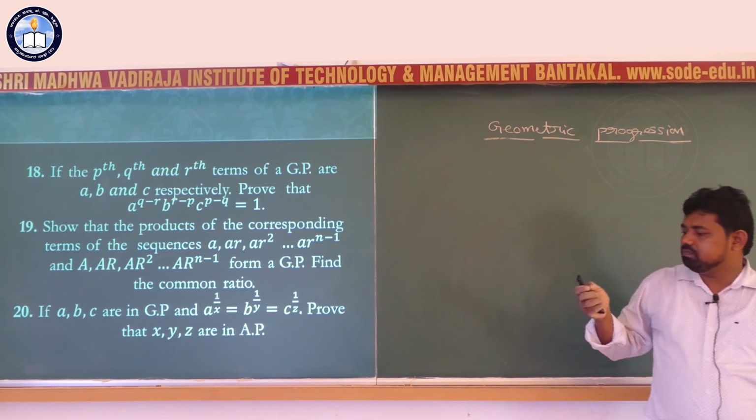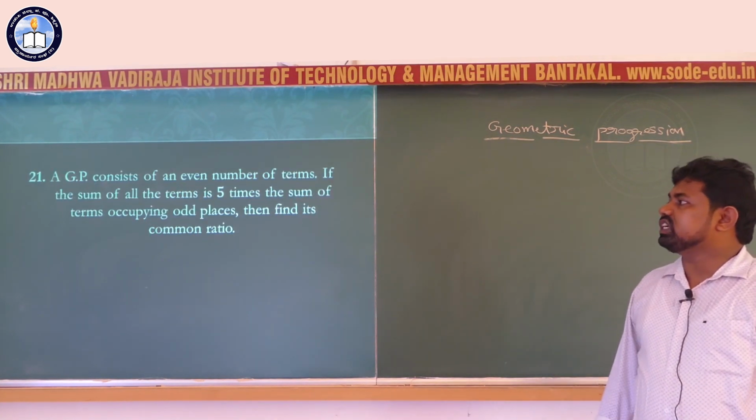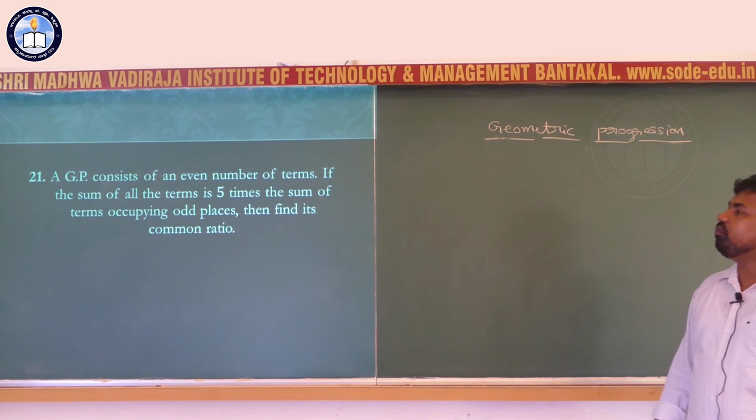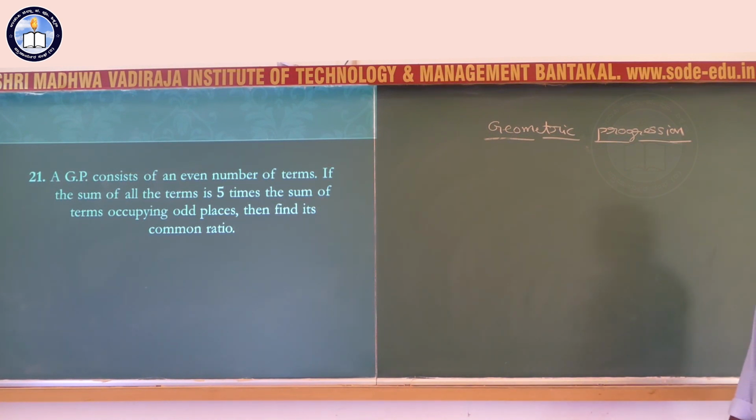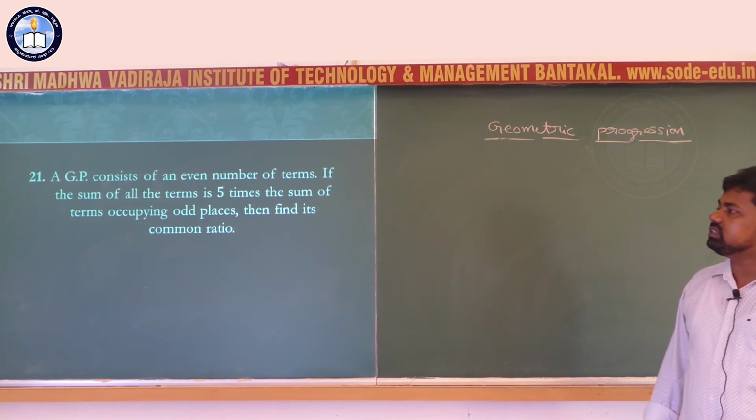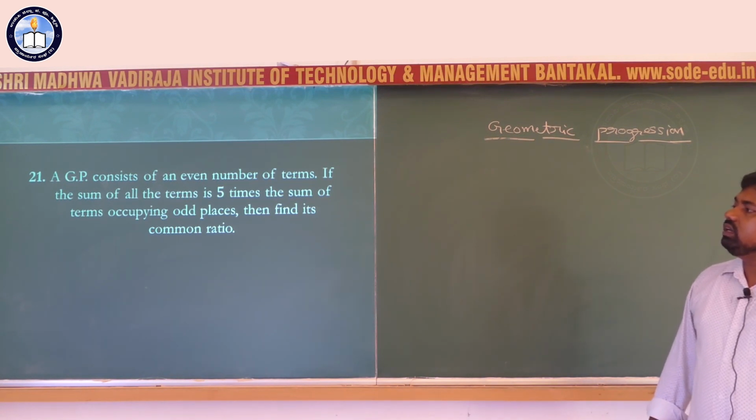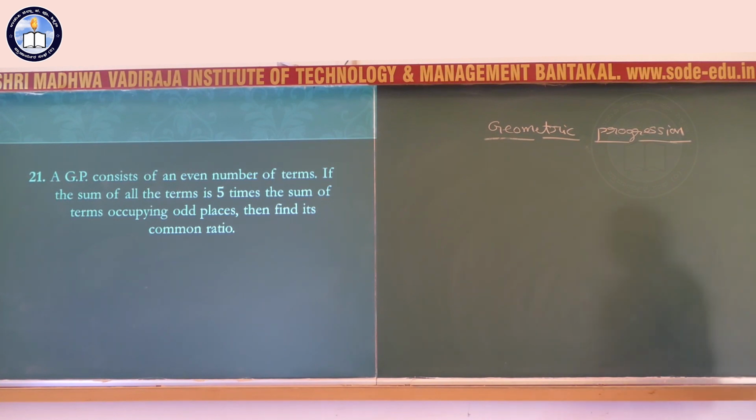Next problem. A geometric progression consists of an even number of terms. If the sum of all the terms is 5 times the sum of the terms occupying odd places, then find its common ratio.